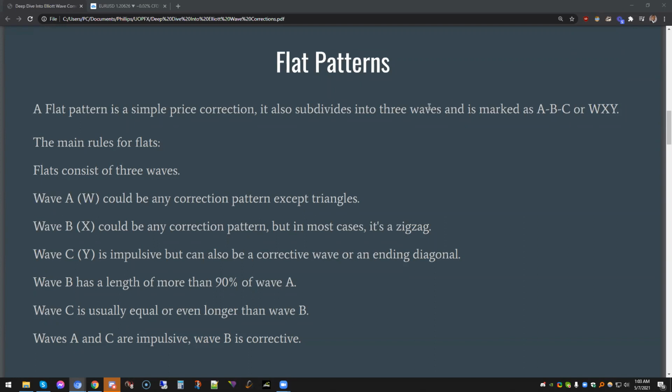Anyone remember what a flat pattern is? Give you guys a few seconds. All right, Kimberly says a corrective pattern. Wonderful, it's a good answer.